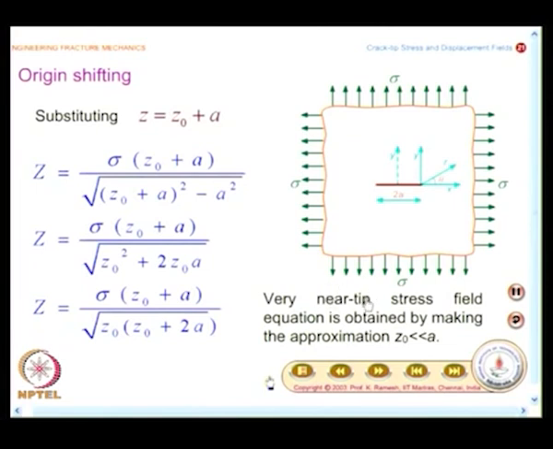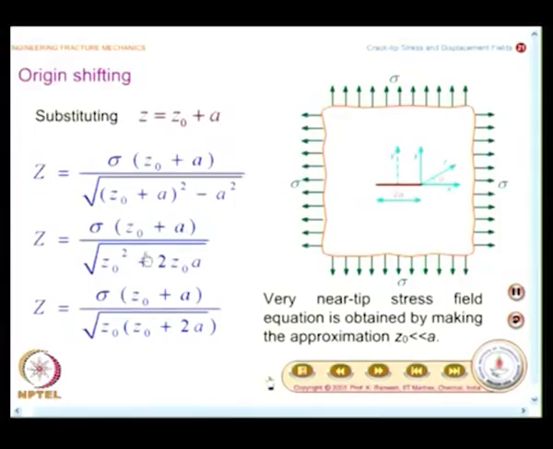For that what we are going to do is, we are going to take Z naught is very small in comparison to the crack length. So, whatever the solution that I am attempting is for the case when my domain is very small close to the crack tip.